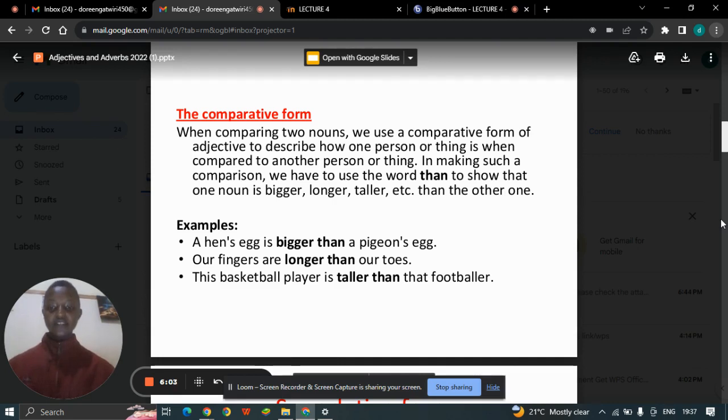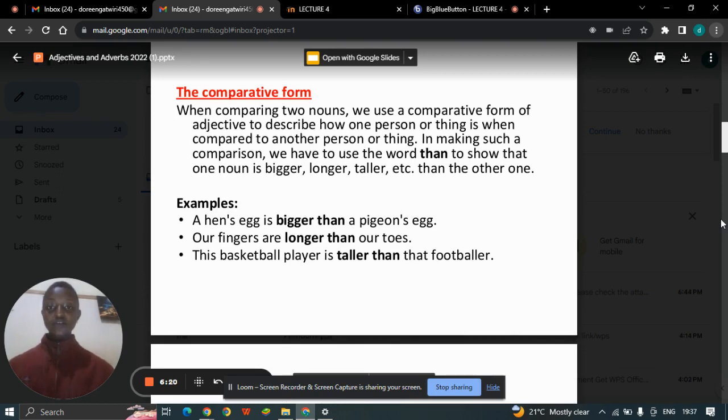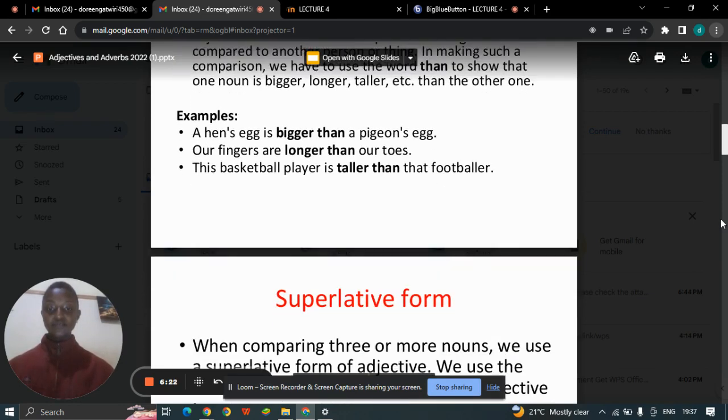For example, a hen's egg is bigger than a pigeon's egg. Our fingers are longer than our toes. This basketball player is taller than that footballer. So we use than to show the comparison.